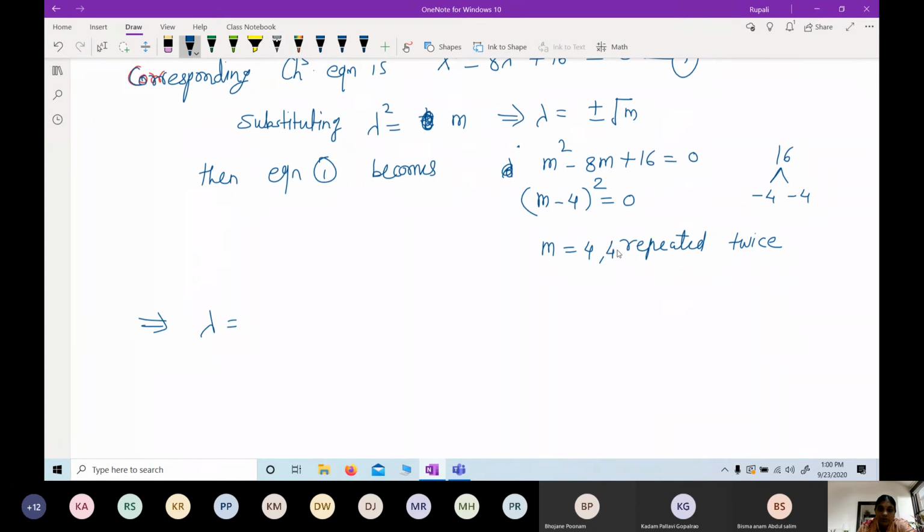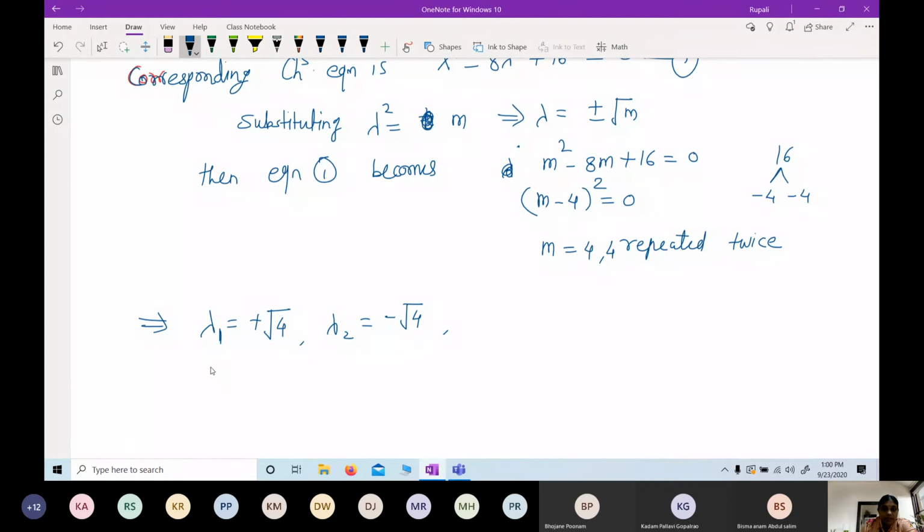So m1, m2 are 4, 4, so I will have plus under root 4 and minus under root 4, and they will be repeated twice.